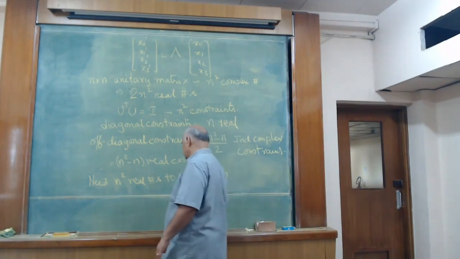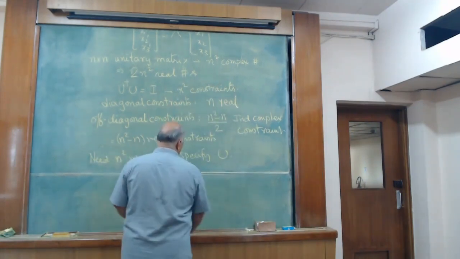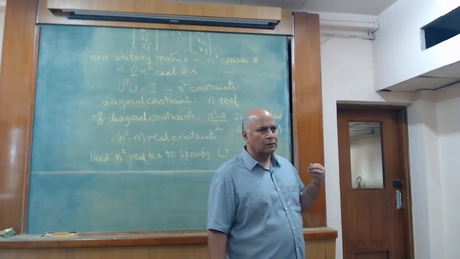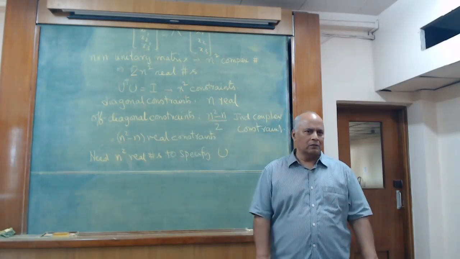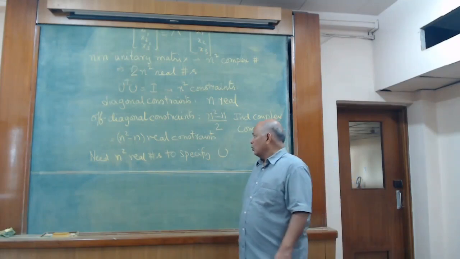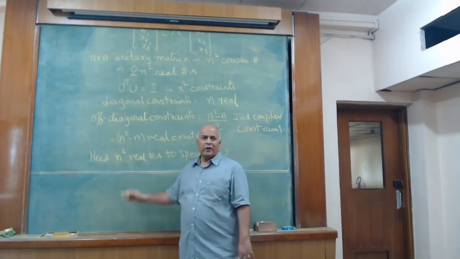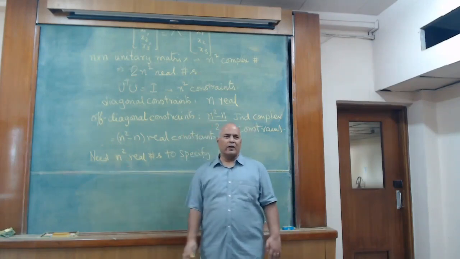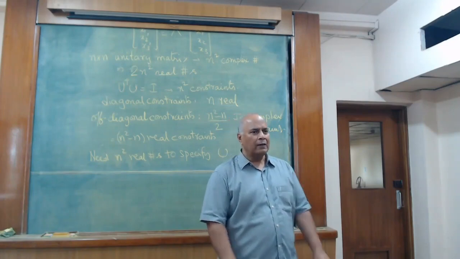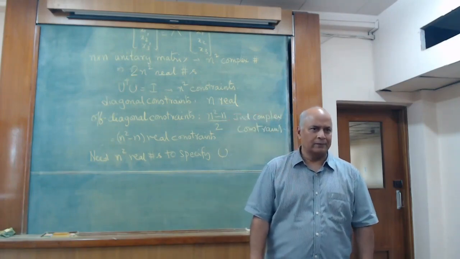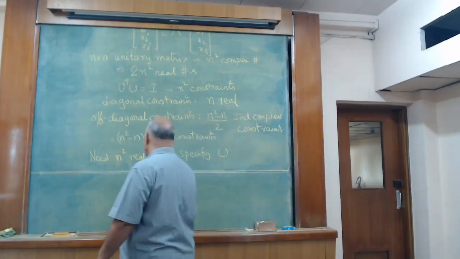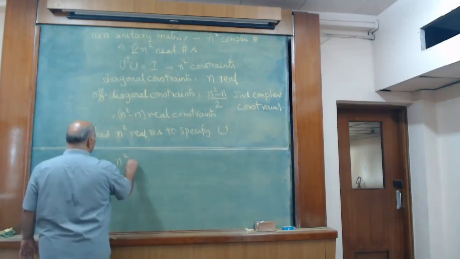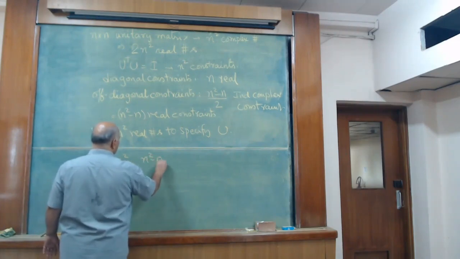And now we sort of come to parameterization. At least in physics, we choose these n square numbers. We prefer to classify these n square numbers as angles and phases. So, we write this n squared as n square minus n by 2.